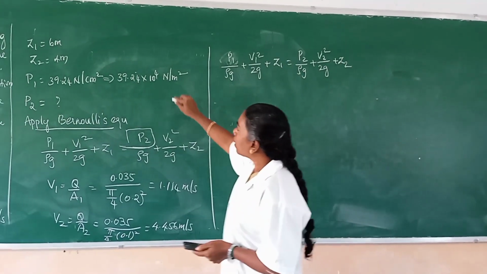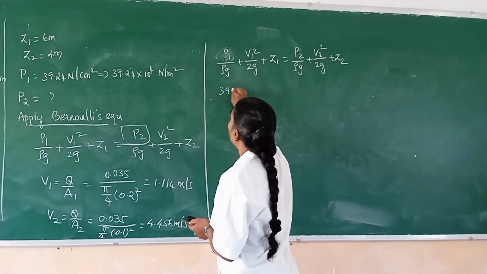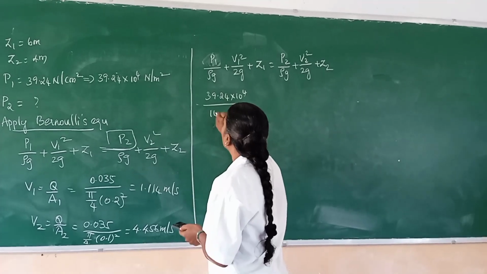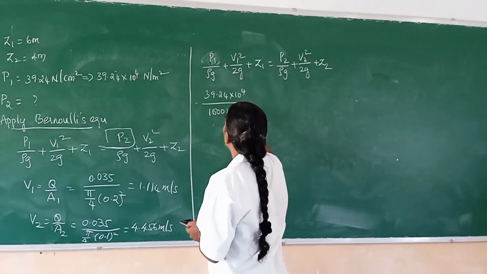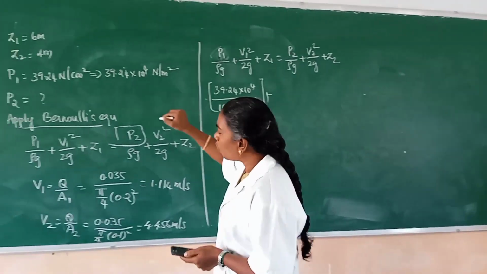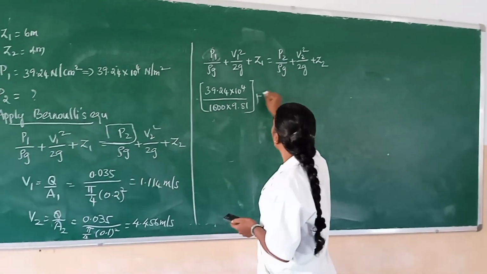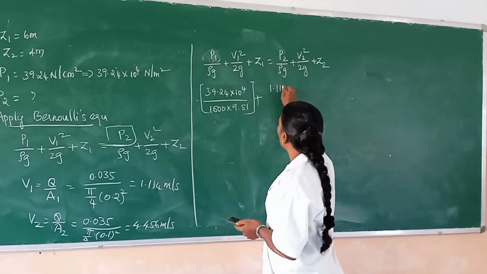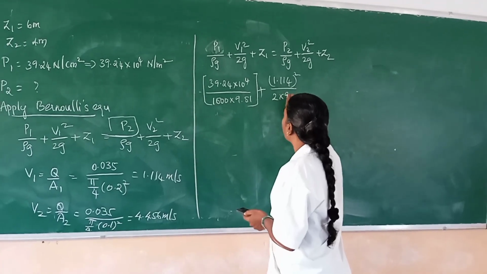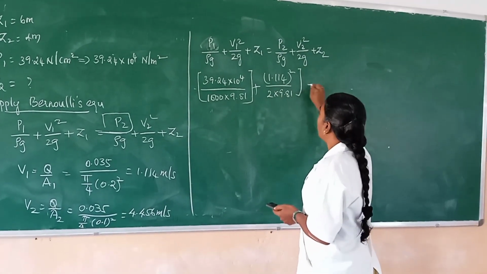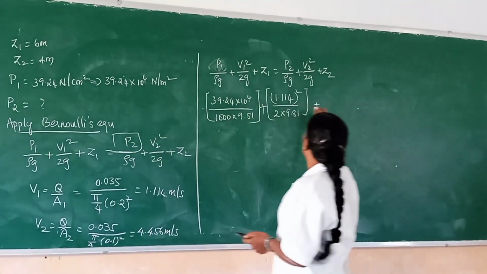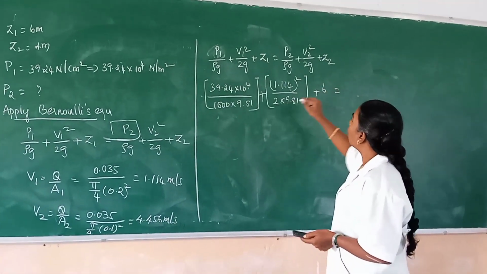So P1 is 39.24 into 10 to the power of 4 divided by 1000 into 9.81, plus the V1 value, 1.114 square divided by 2 into 9.81, plus the Z1 value given as 6 meter, is equal to P2.